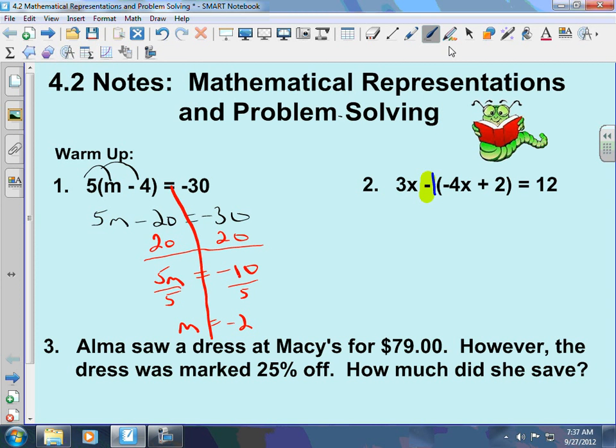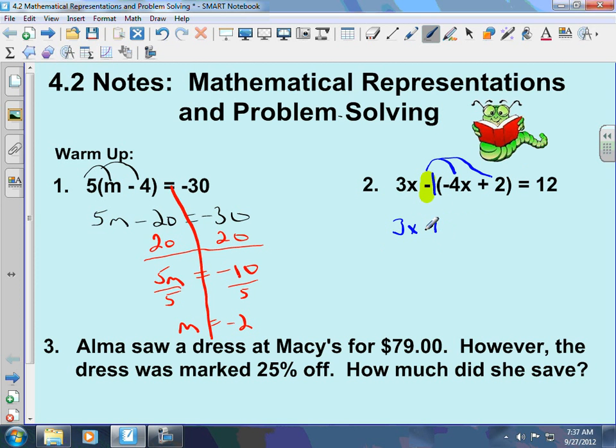And they're not. So now I need to distribute my negative 1. So, negative 1 times negative 4 is a positive 4x, so I have 3x.